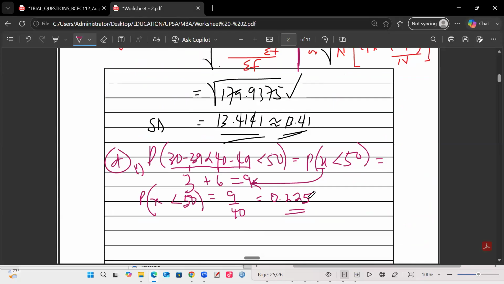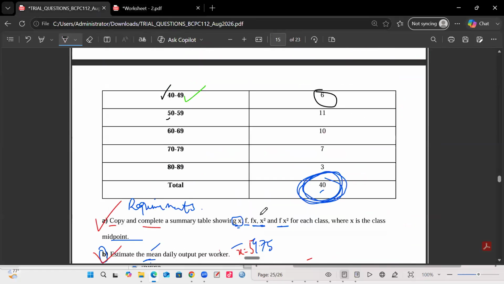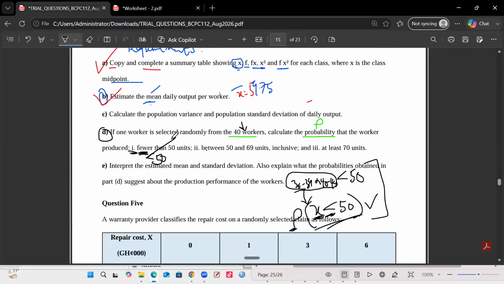And that is 0.225. Assuming the question says, if one worker is selected randomly from the 40 workers, calculate the percentage of workers who produce fewer than 50 units. If the question says percentage, first use probability like this.